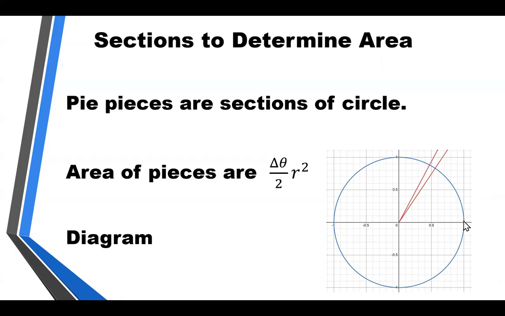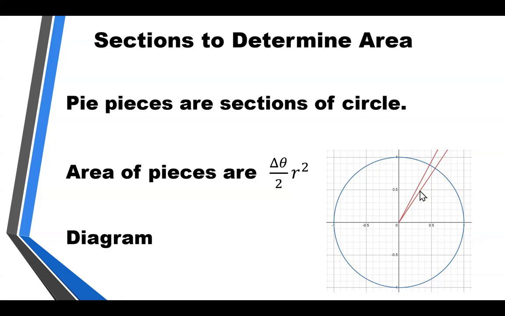A circle has total area of pi times r squared, which, if you think about it, is like going all the way around the circle. That gives you a rotation of 2 pi, dividing by 2, and then multiplying by radius squared. So any little pie piece is just going to be a section of a circle, a proportion of that circle, which is the change in angle from one angle to the next.